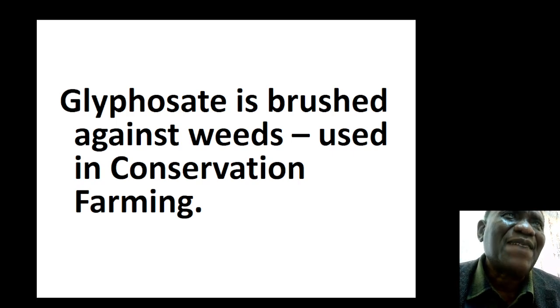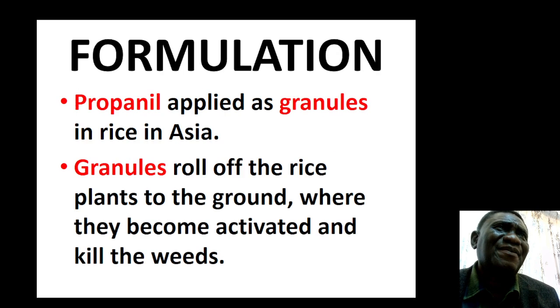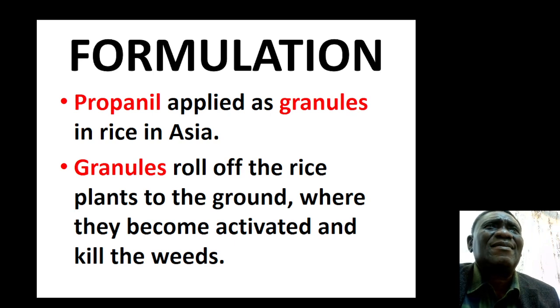So we can say glyphosate is brushed against weeds, and this can be used in conservation farming. Formulation: propanil is applied as granules in rice in Asia.